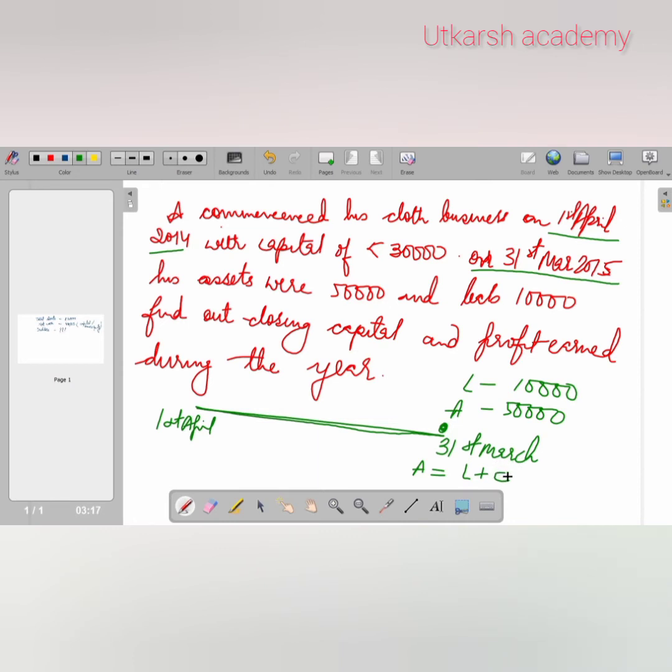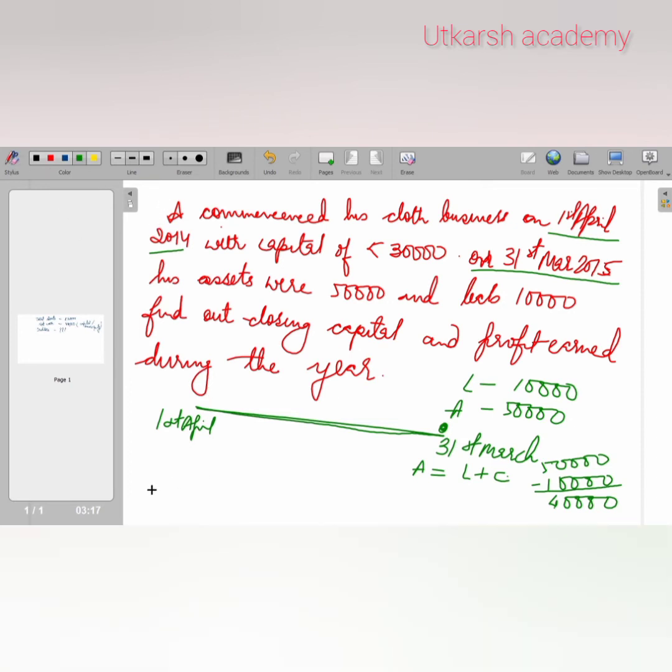So what we have to find? Capital. So asset minus liability, 50,000 minus 10,000, is 40,000. So 40,000 is the closing capital. And next, what we have to find?